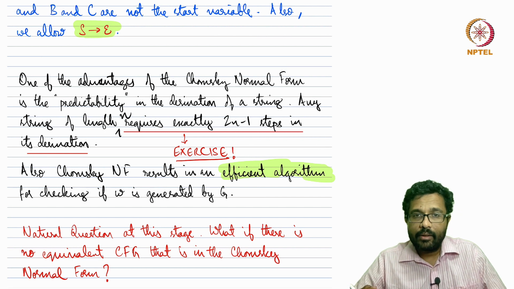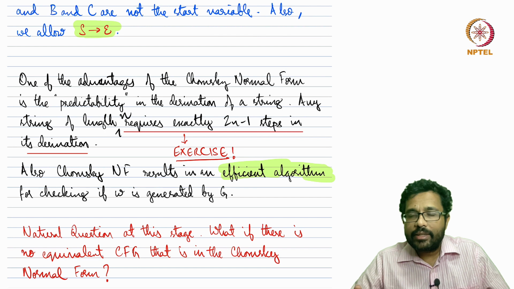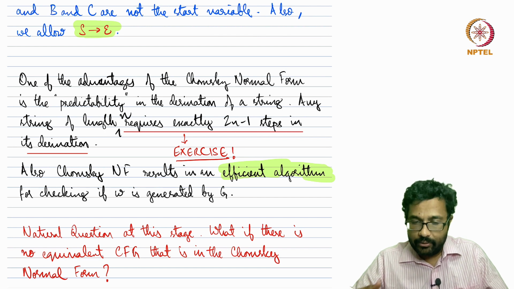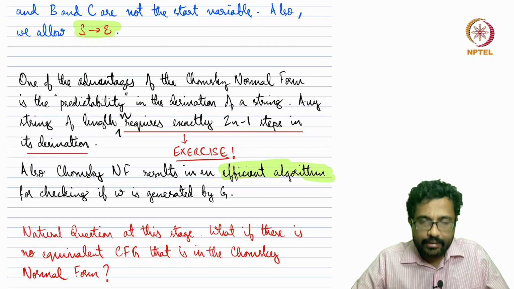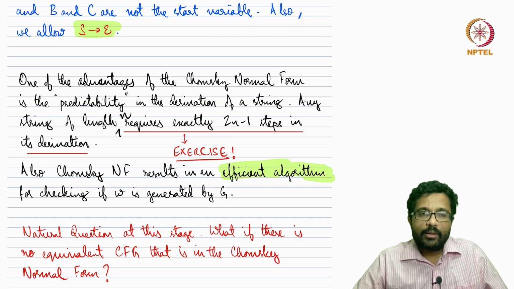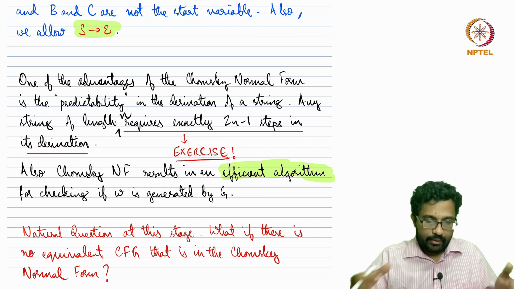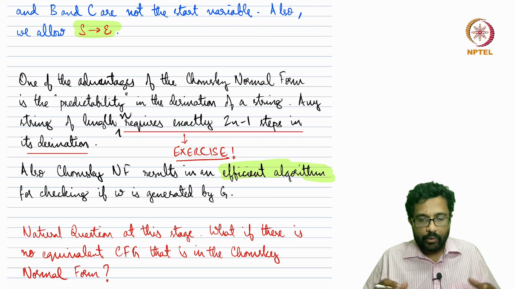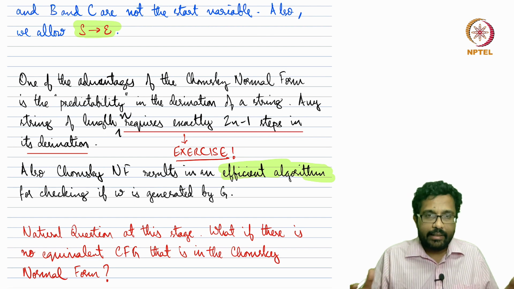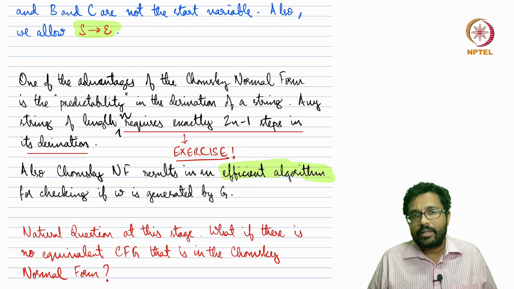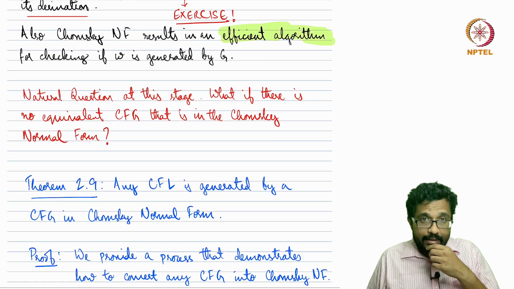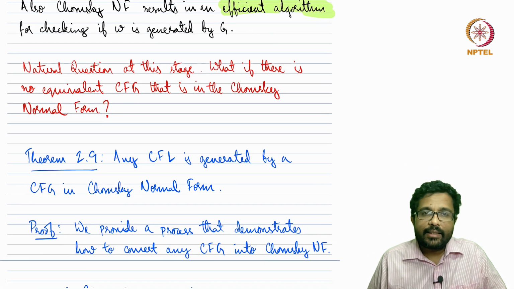So the natural question that one may ask at this stage is: I agree things are good, we have all this structure, but what if I have a grammar that cannot be put in this structure? Maybe the structure is too rigid and not general. The answer is, interestingly, that it is not too rigid.